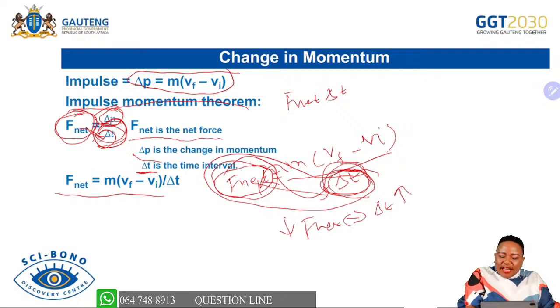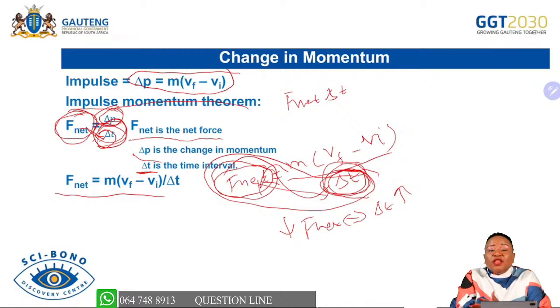So when you have less time of contact with that surface, there will be more force exerted on you. When you hit a windscreen as compared to hitting an airbag, the reason why you get injured more on a windscreen is because there will be less time of contact with the windscreen, and there will be more force exerted on you.